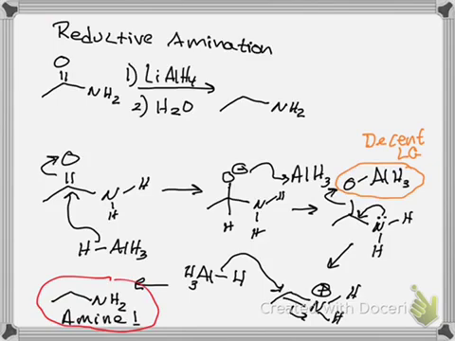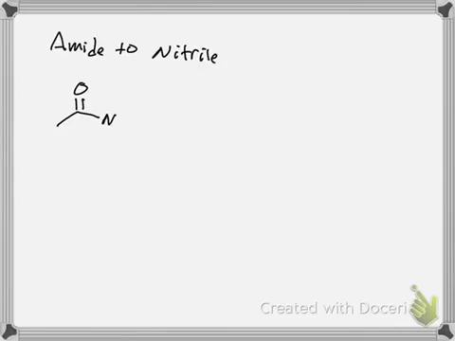All right. So after this is where some of the weirdness comes in, because I want to show you this reaction, which is amide to nitrile. So the question is, how do we go from here?